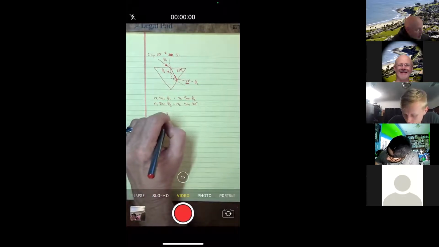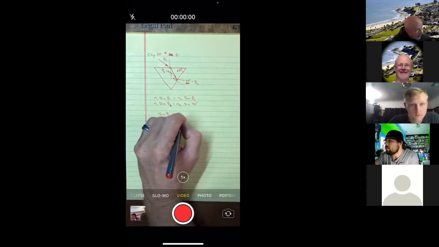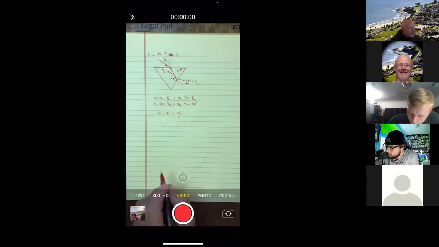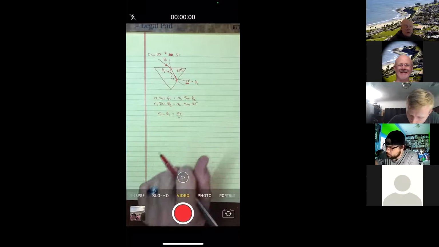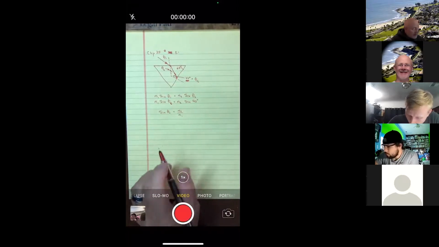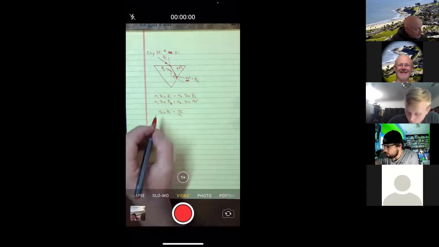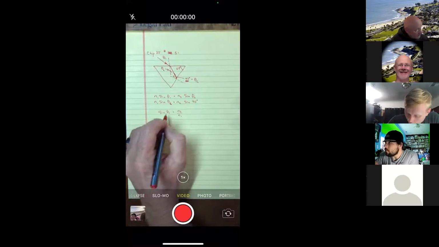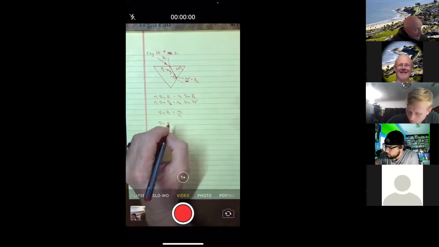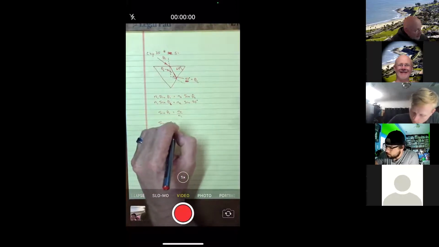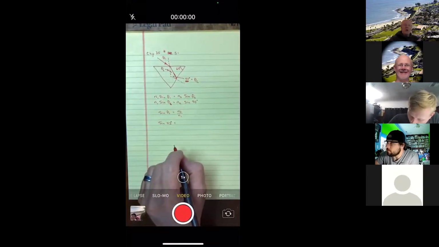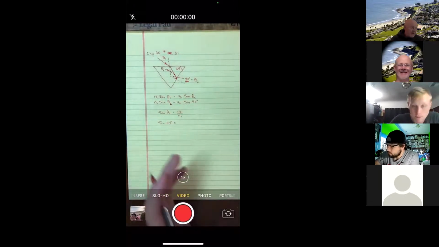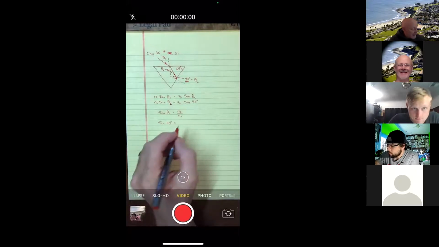So we came up with this little formula for the critical angle. The reason that's helpful in this problem is because we're told that it is hitting at the critical angle, which is 42 degrees.